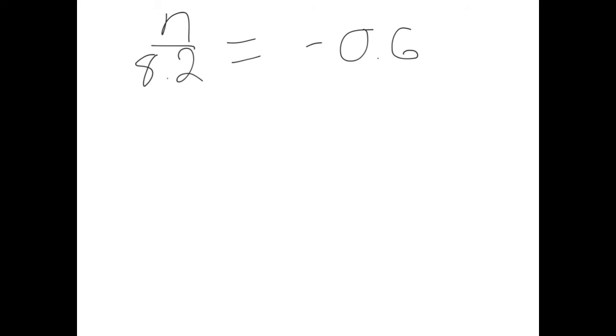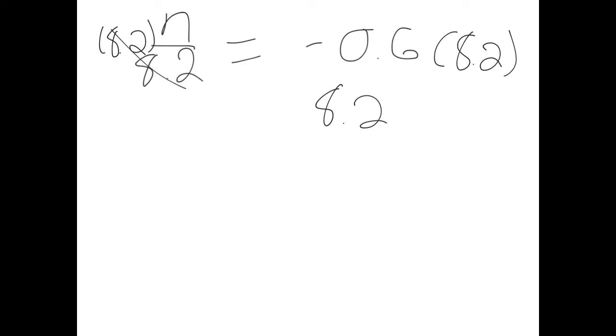So this is a division equation that is undone by multiplication. So you would multiply 8.2, and it would be undone, and then you would multiply 8.2 here as well, and then it's negative 0.6, so it would be 8.2 multiplied by negative 0.6.